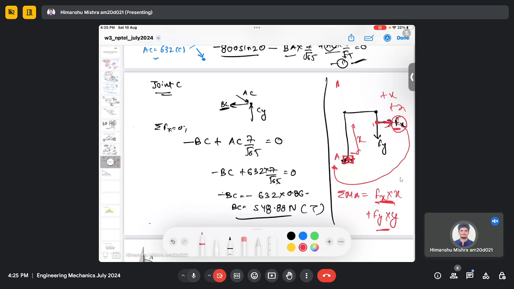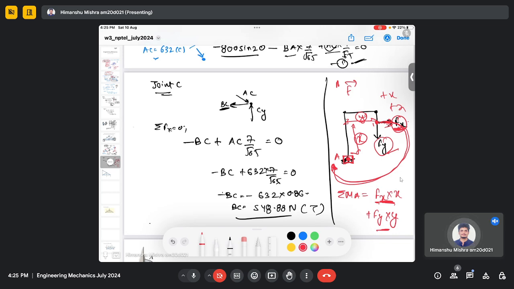This Fx is a scalar, this Fy is a scalar quantity, this F is a vector quantity. This x and this y are scalar quantities. So you cannot say my x is positive here and my Fx is also positive here, because these are scalar quantities. So you need to imagine the direction.